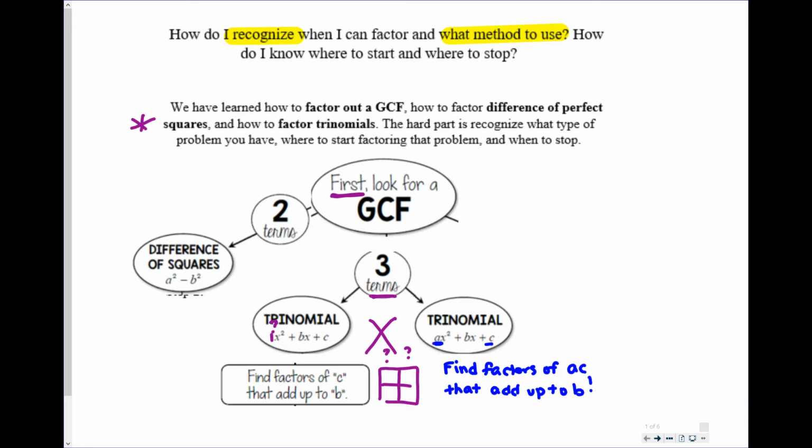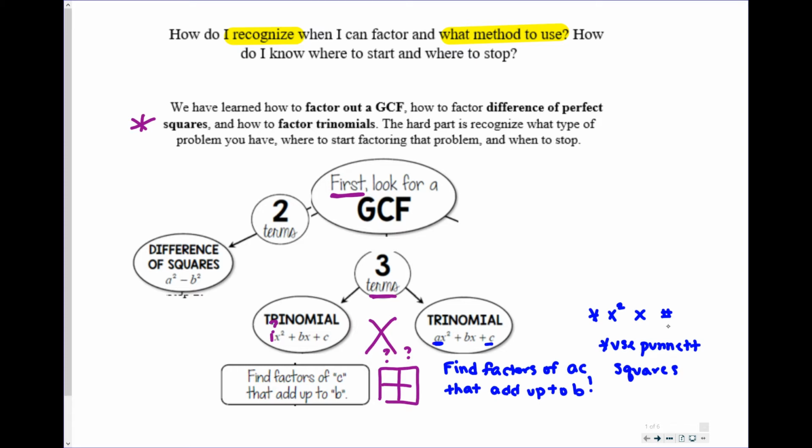Okay? And you're still going to use the Punnett squares, right? You're always going to use the Punnett squares for both of these. Also keep in mind that you can only use the Punnett squares if you have an x squared, an x, and then a number. If you have anything other than this combination, you cannot factor using the x method in the Punnett square. It just doesn't work.